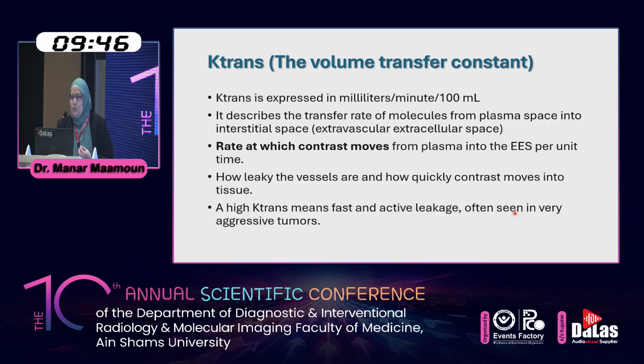The K-trans, which is the parameter we acquire from this study, is called the volume transfer constant. It's expressed in milliliters per minute per 100 milliliters. It represents the rate at which contrast moves from the plasma to the extracellular space. It represents how leaky the vessels are.